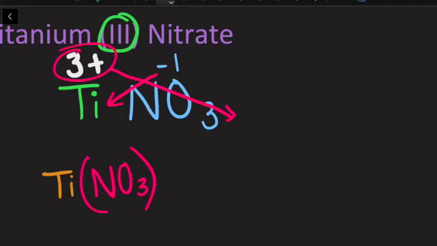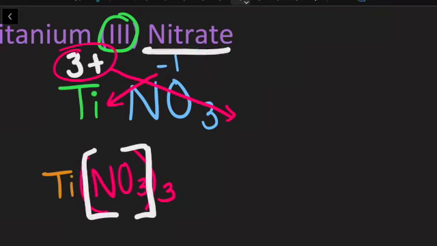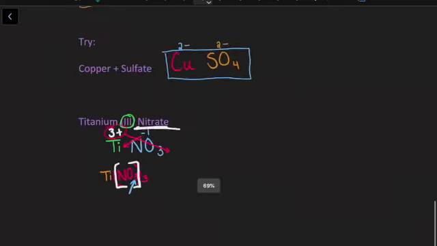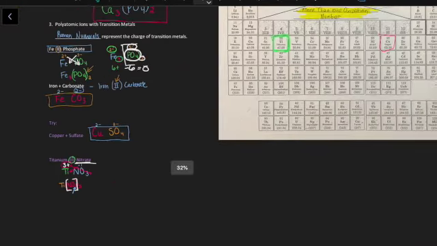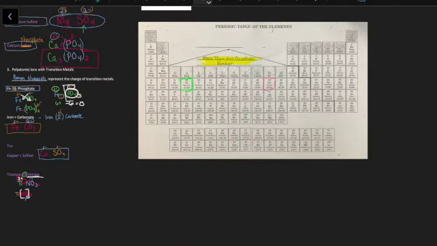And you still got to bring that 3 down here. And one last time, this has to stay together for it to be nitrate. We cannot change this number right here. Okay? Alright. I know this one's pretty tough, so let me know if you have any questions on the practice problems.